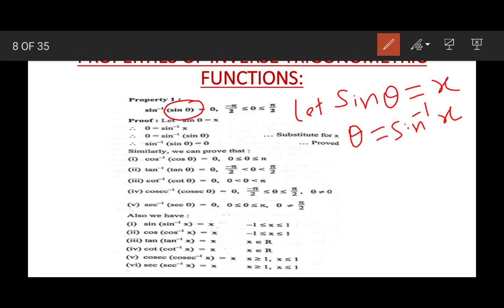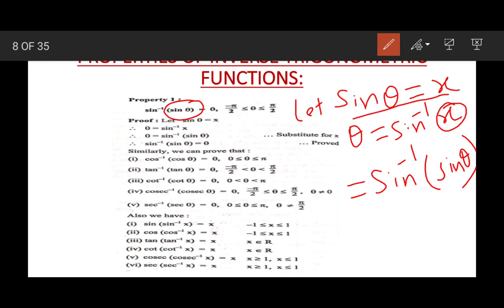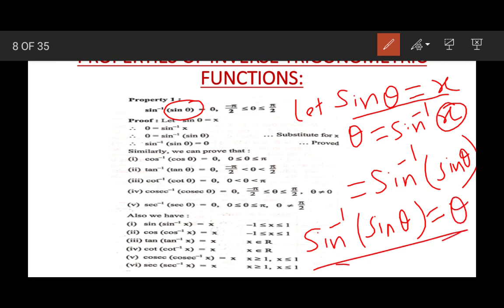But this x can be substituted as sin theta, so sin inverse sin theta. So finally we get sin inverse sin theta is equal to theta, hence proved.